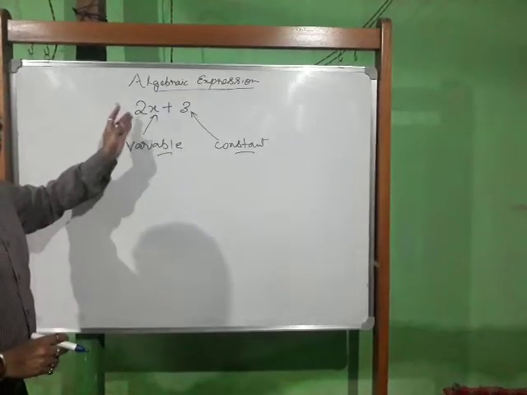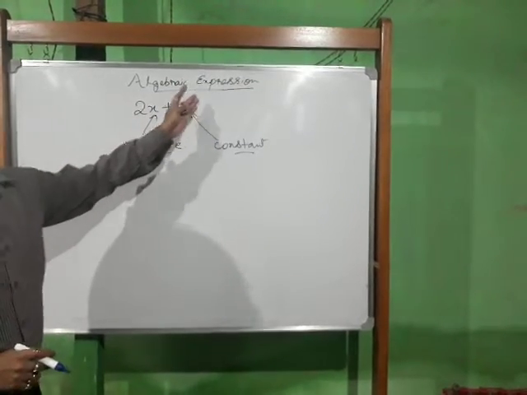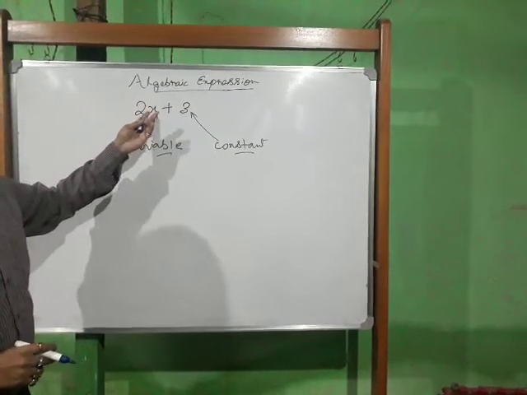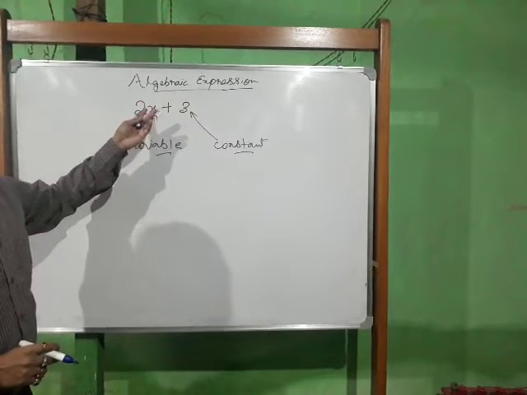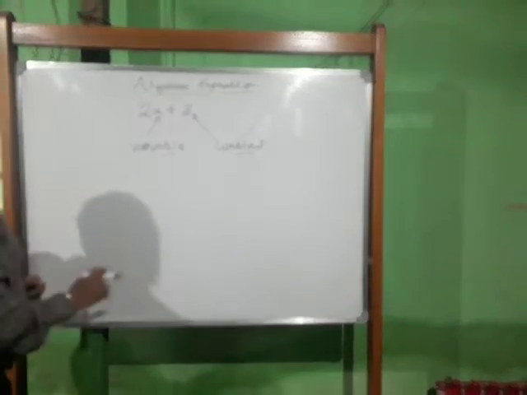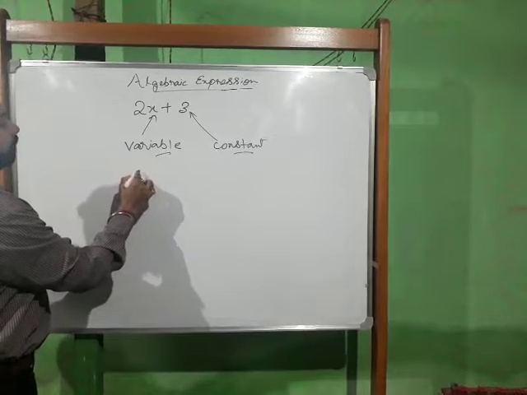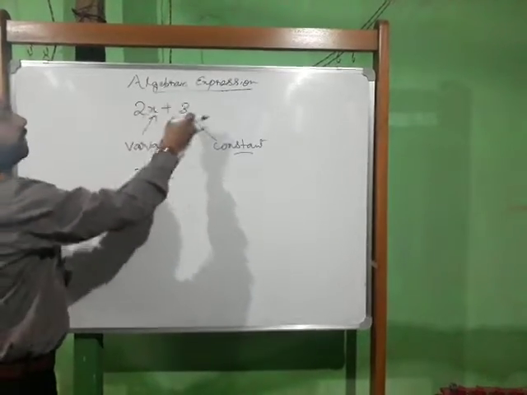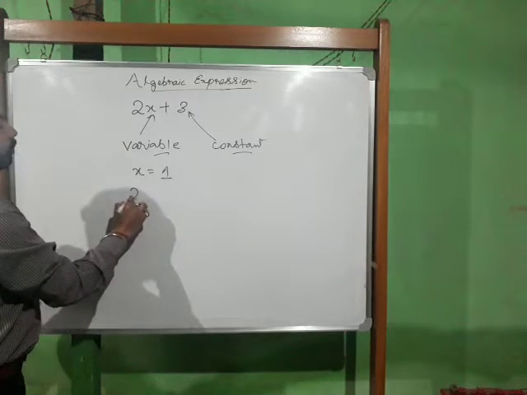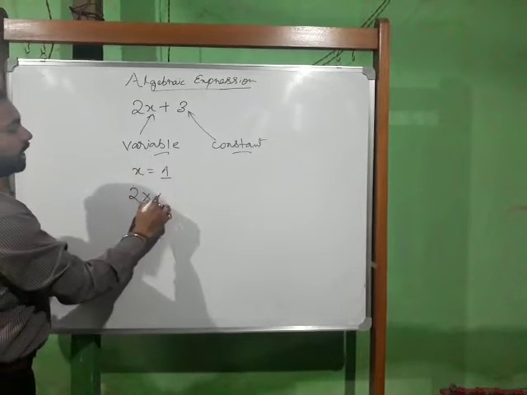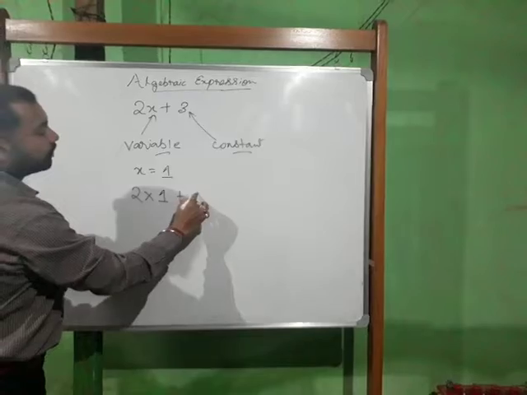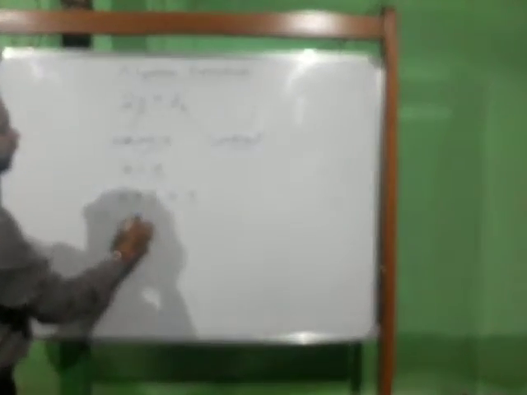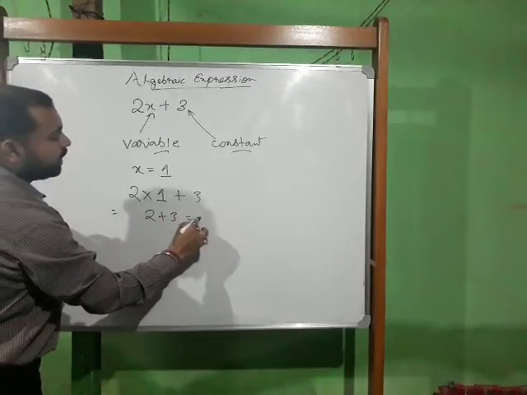If I tell you to find the value of this expression, you can take any value of this x. Let me explain. If I take the value of x equal to 1, what will be my result? It will be 2 into, in place of x you will write 1, plus 3. So 2 into 1 is 2, plus 3 it is 5.